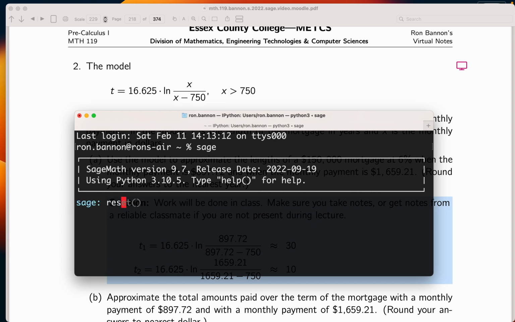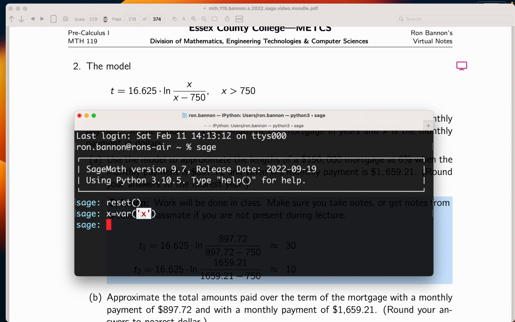So I'm going to reset, and that clears out any data that might have been left over from the prior session. I'm going to define a variable x, and let's just type that in.